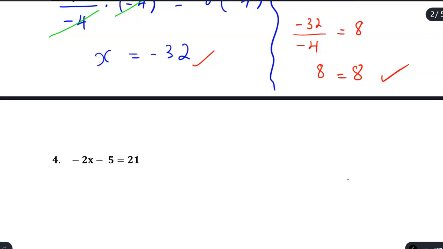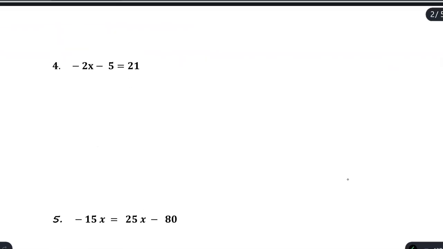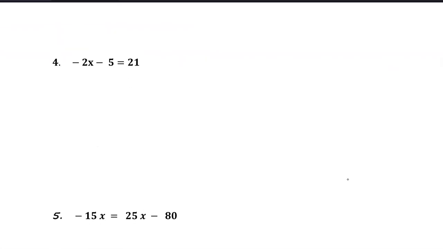All right, okay. So for question number 4, it requires a few more steps. In order to solve for x and isolate the x, you have to apply the concept of opposite operation, and also the reverse of BADMAS.